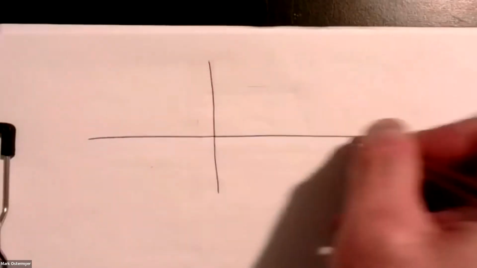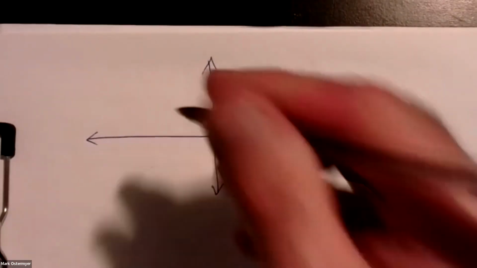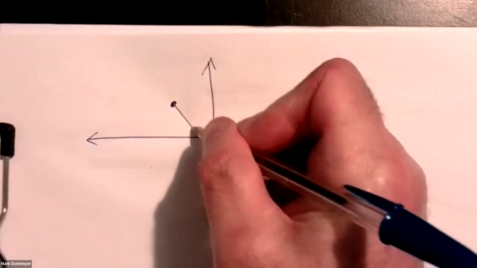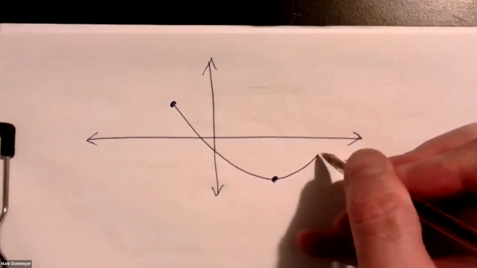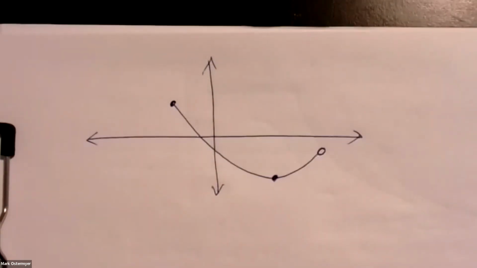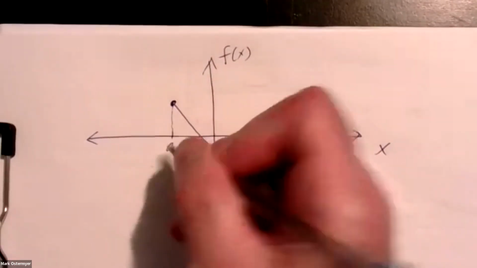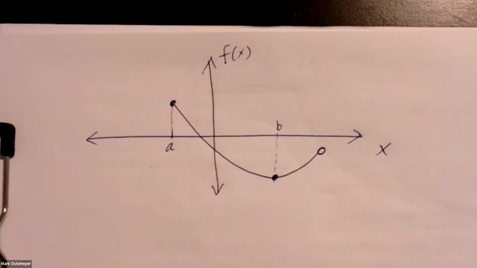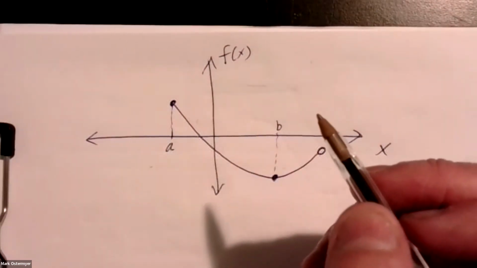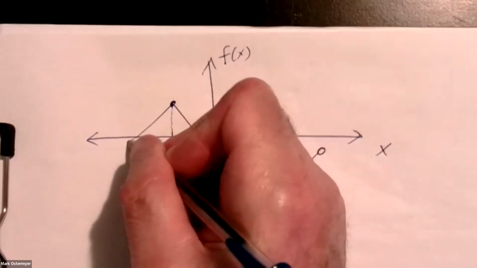Suppose I have the graph of a function. It looks like this. Actually, I'm going to extend this graph down here a little bit.